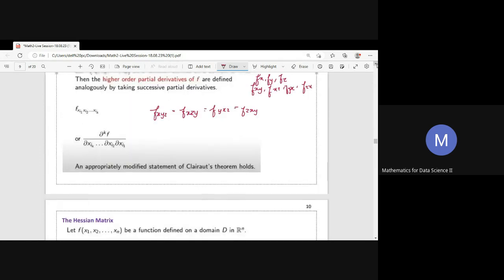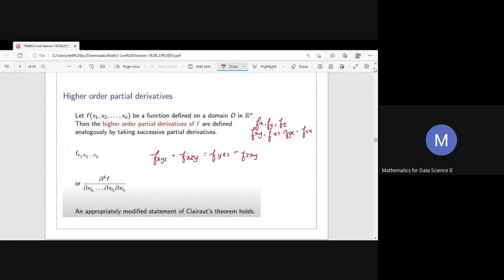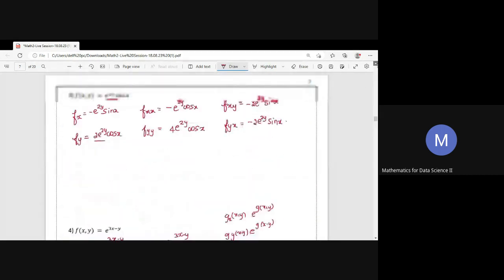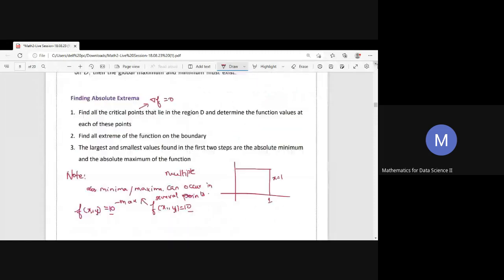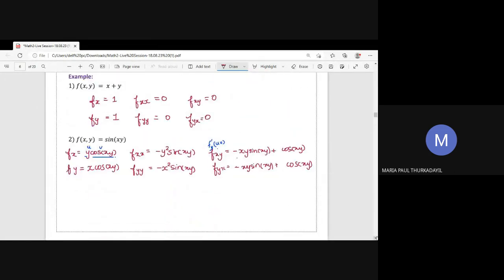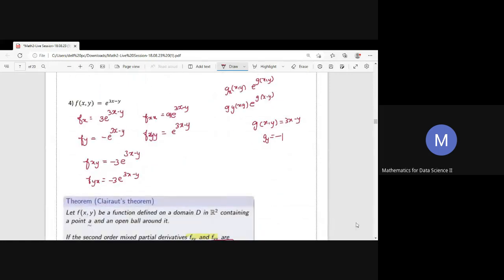Okay. Fine. Next, the Hessian matrix directly comes. But first I wanted to discuss some problem which I told you to remind me for higher order partial derivatives. What was the problem? E raised to something. Yeah, it's here.